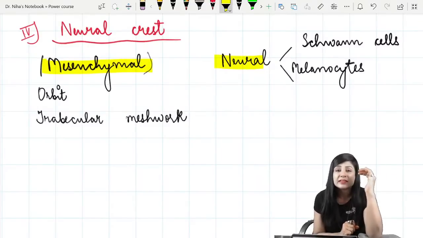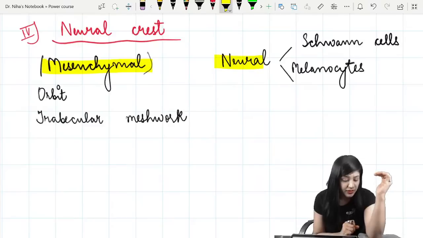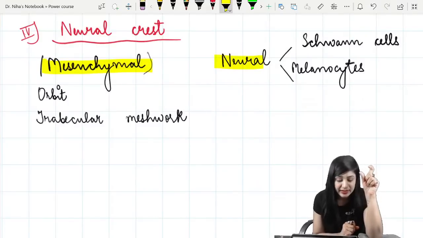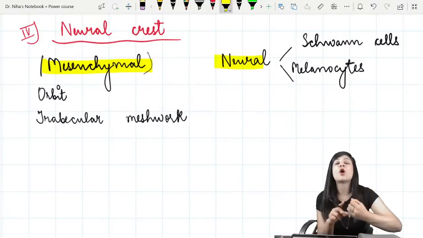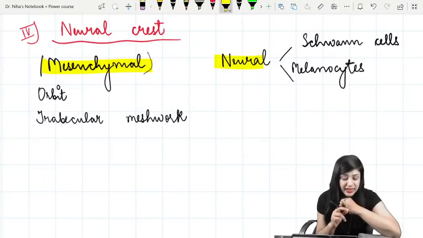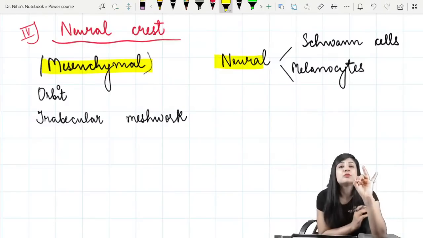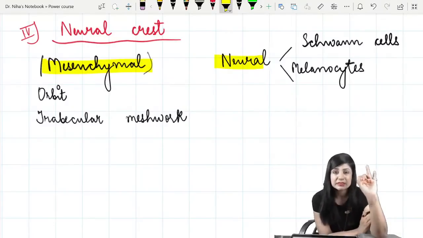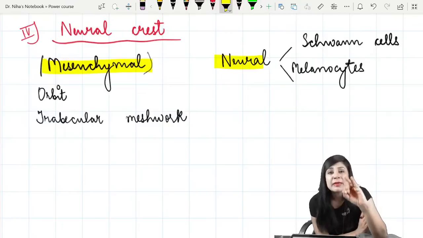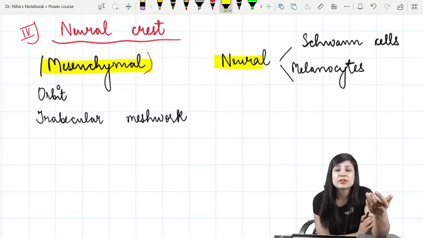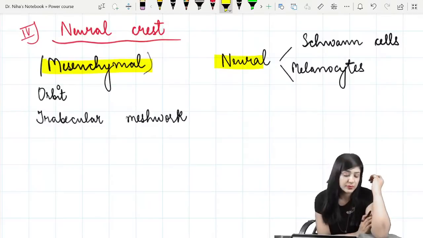While if you look at the mesenchymal part of the neural crest, it is responsible for, one, the orbital tissue. Then we have the second, trabecular meshwork. I am repeating this part: trabecular meshwork is responsible for the drainage of aqueous humor.